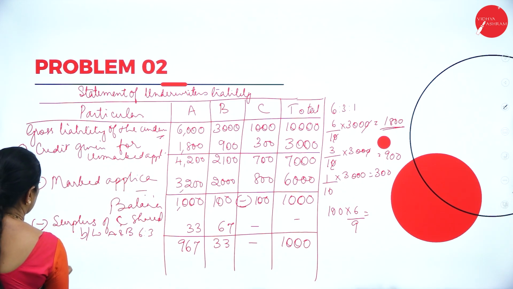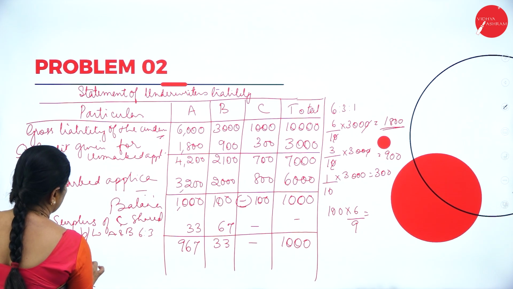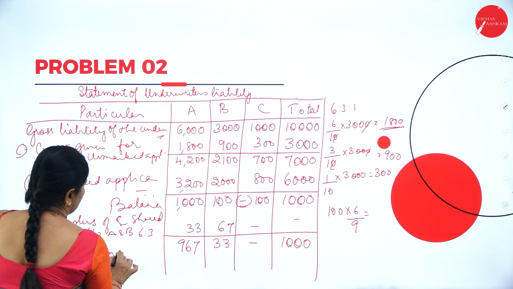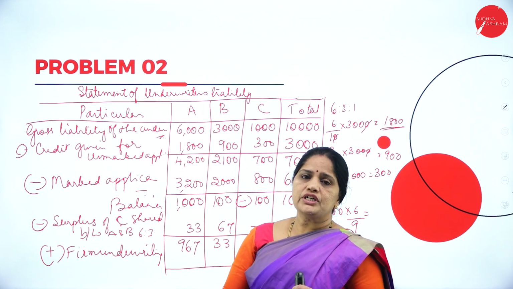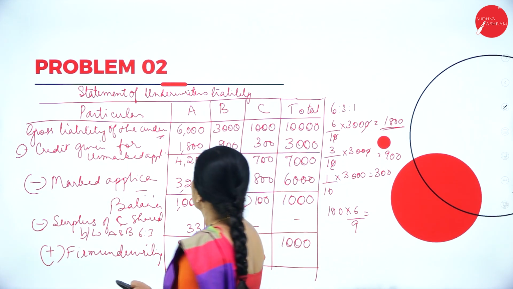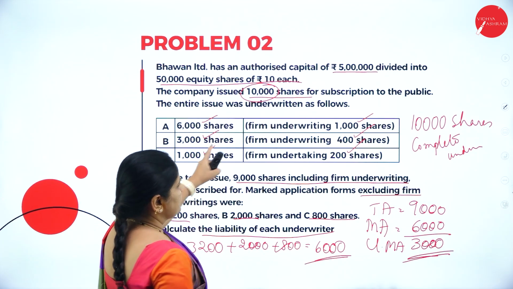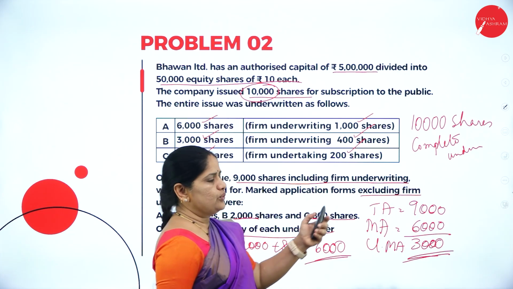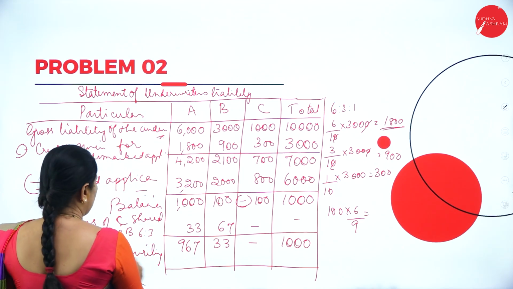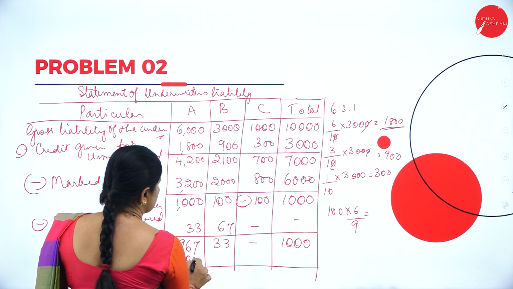Now add firm underwriting. Now we have to add the firm underwriting. What is the firm underwriting of A? 1,000, 400 and 200. So firm underwriting of A is 1,000.